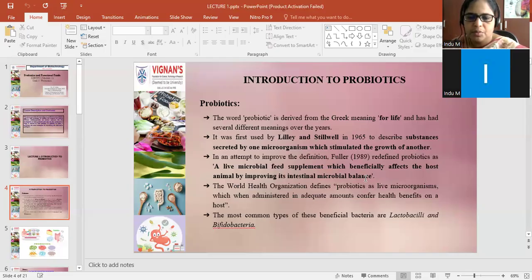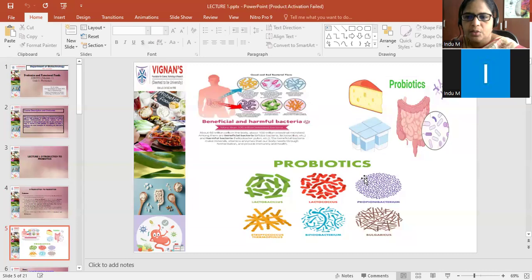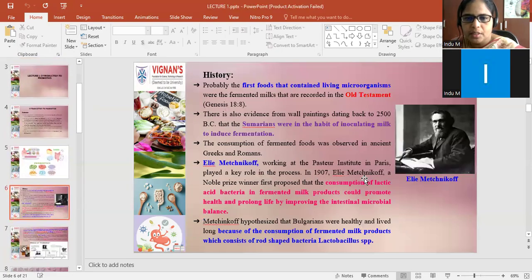So this definition was given by the World Health Organization. The most common types of probiotic bacteria are the Lactobacillus genera as well as the Bifidobacterium genera. So these are the different probiotic organisms, different probiotic products and their health benefits in the gut system.